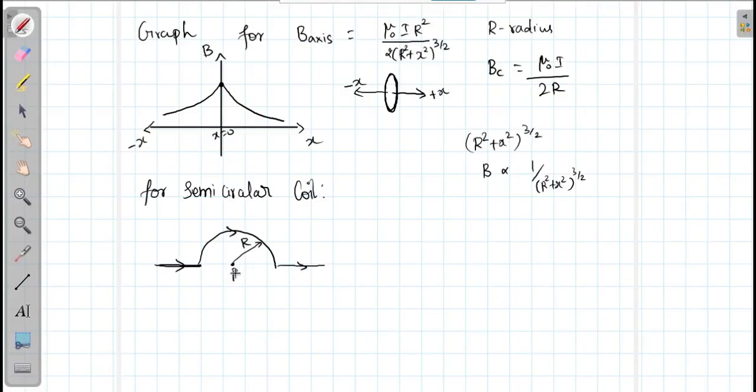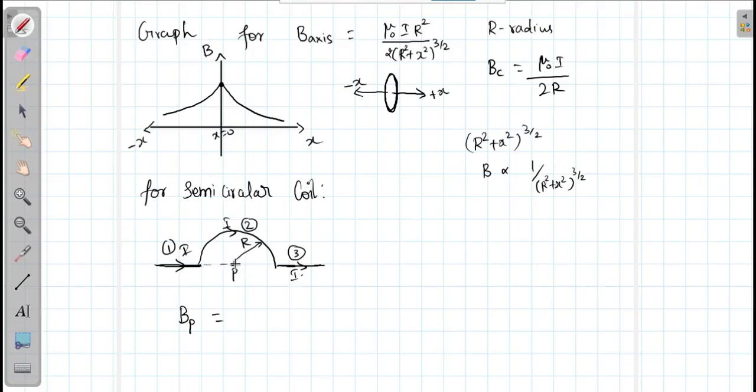At this point P, what will be the total magnetic field? We have 3 segments of wires, consider 1, 2, and 3, the 3 wires carrying current I. What about the total magnetic field due to the entire wire at the point P?